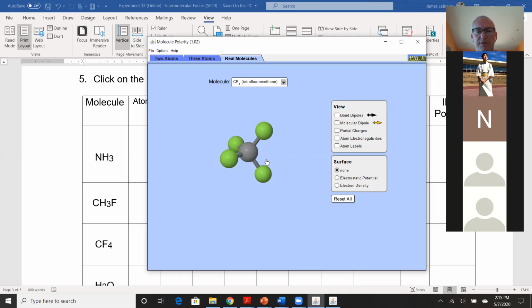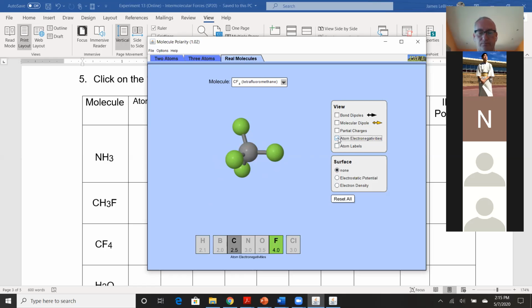Are they polar bonds or non-polar bonds? Let's look at the electronegativity. You can see carbon's got an electronegativity of 2.5. Fluorine's got an electronegativity of 4. So are those going to be polar bonds or non-polar bonds? Non-polar. But there's a big difference in electronegativity, a difference of like 1.5.